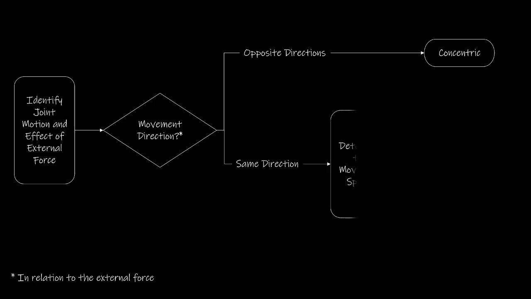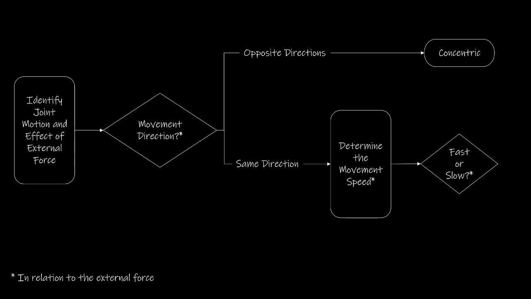If the joint motion and the effect of the external force are in opposite directions, we can conclude that we have a concentric MTC action. If the joint motion and the effect of the external force are in the same direction, then we have to determine the movement speed. And again, this is going to be in relation to the external force. So we have to ask ourselves another question.